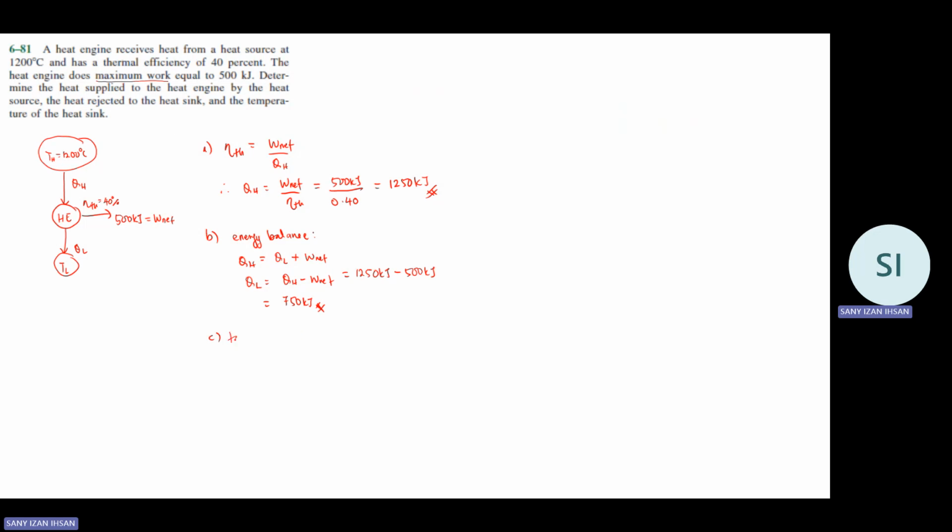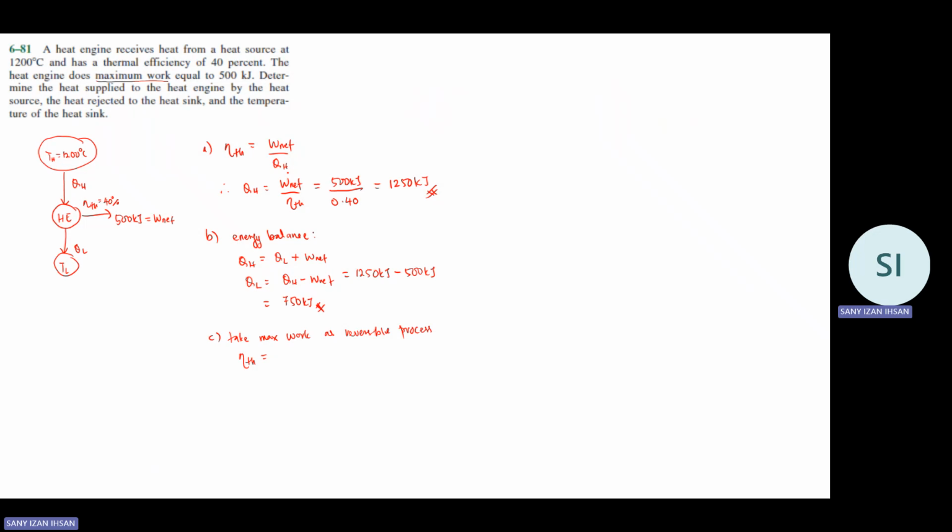So if you take the maximum work as a reversible process, that would be the most that this heat engine can perform, and then we can relate between the systems.